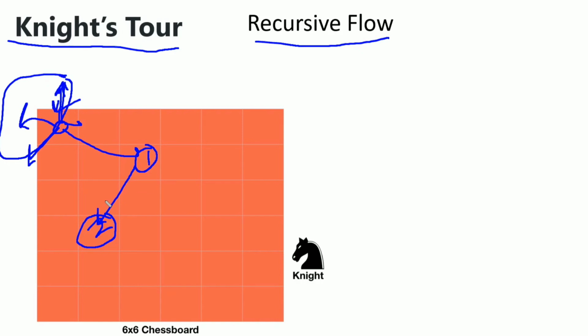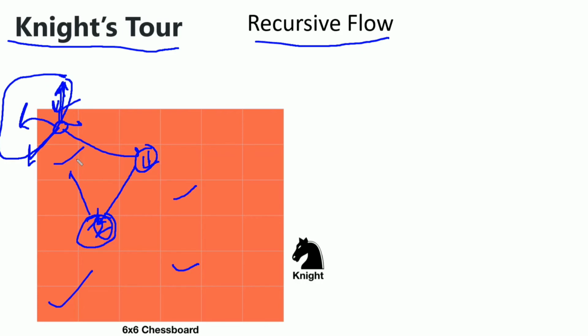Suppose we have completed the move numbers in this position, this one and this one. So we have filled this square, suppose. From this position, now the knight cannot make any movement because this square is already visited. I've already told that the move number represents that each square should be visited exactly once.